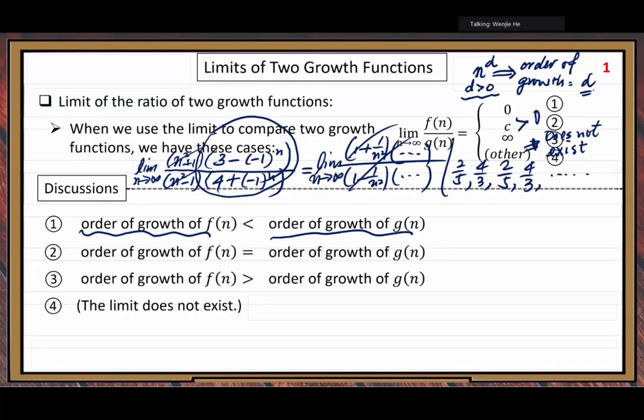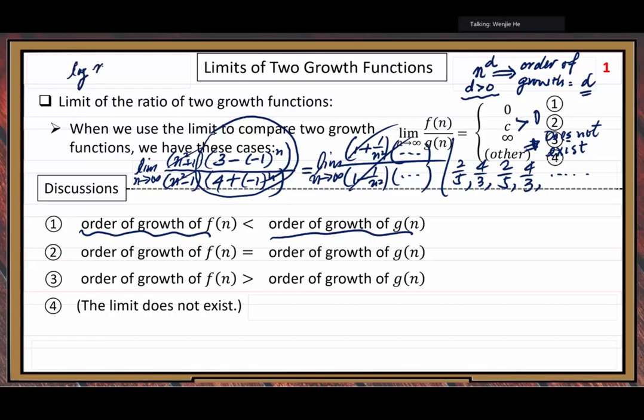But there is one special function when we talk about order of growth. It is pretty hard to describe its order of growth. That function is the log function, very special.